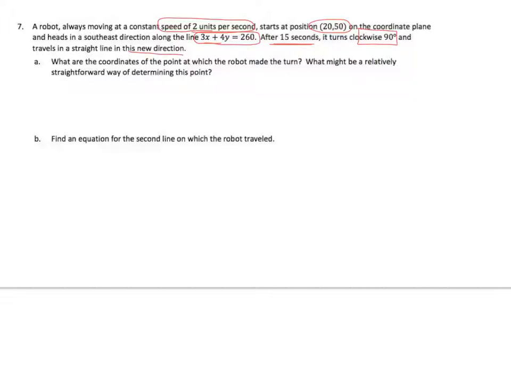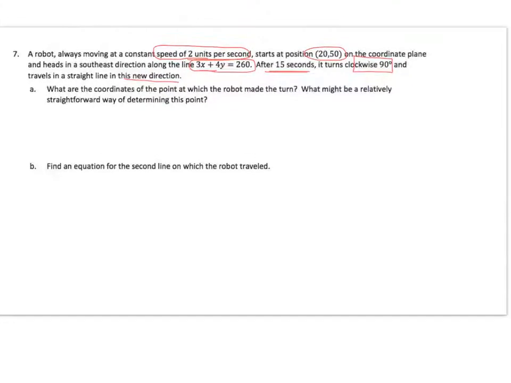What are the coordinates of the point at which the robot made the turn? What might be a relatively straightforward way of determining this point? Well, I've highlighted all the important information. I'm going to get some graph paper out and see if I can help myself a little bit in this problem.